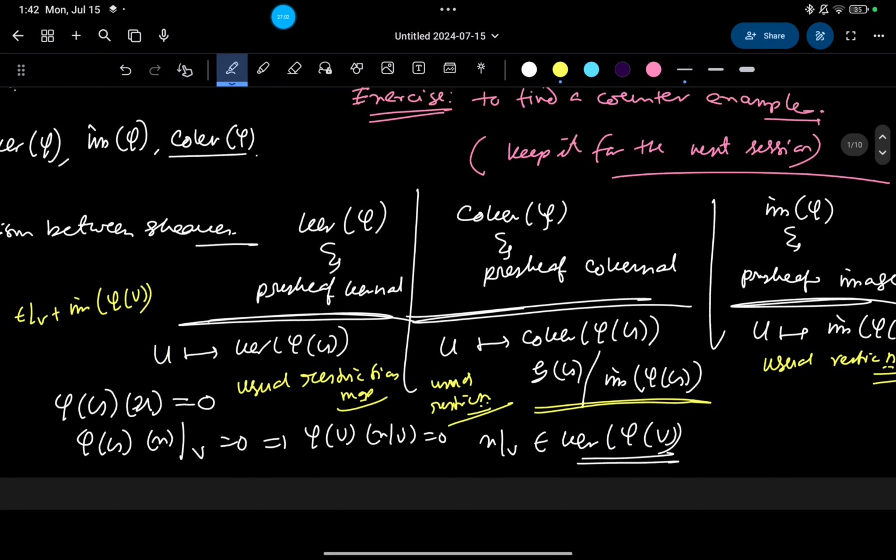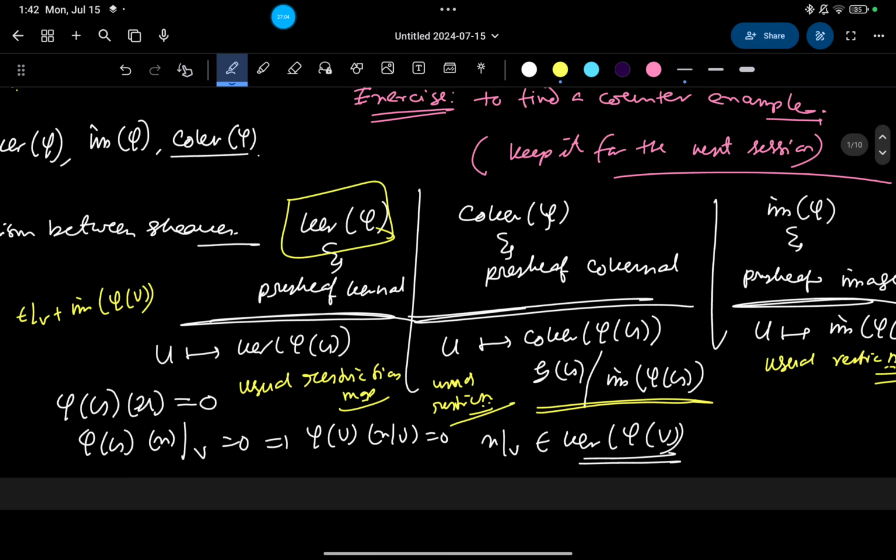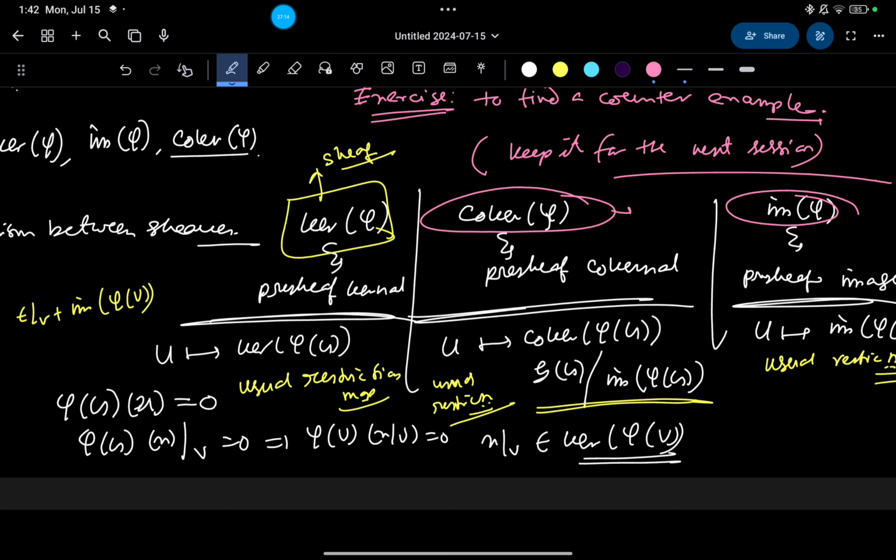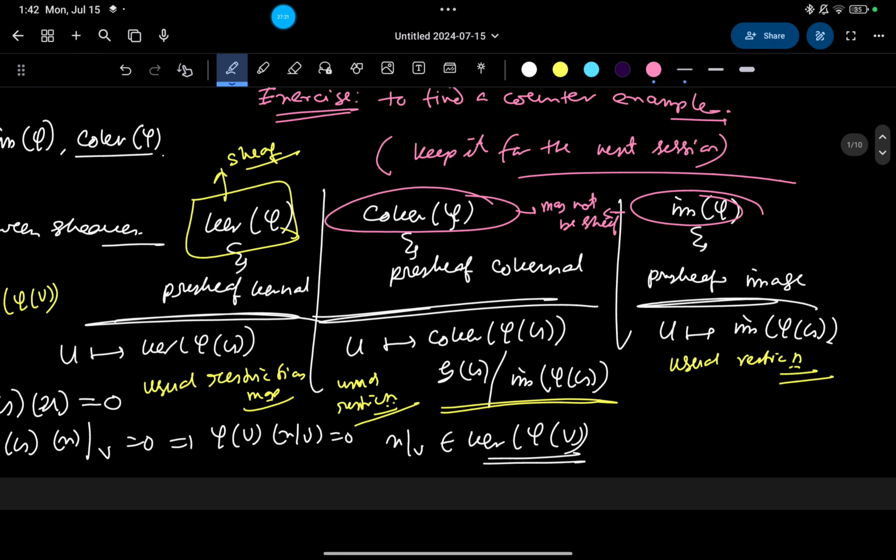Now the interesting fact is the following: this kernel of phi is a sheaf, whereas this one and this one may not be sheaves.